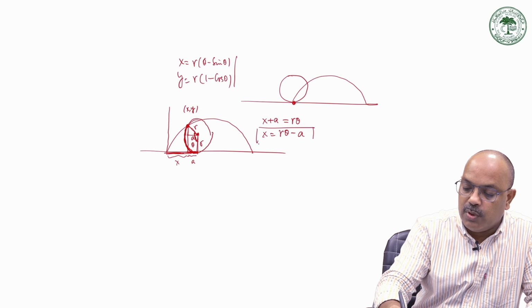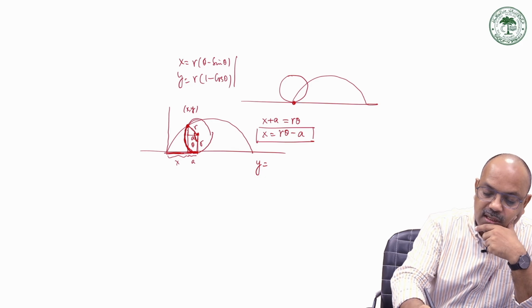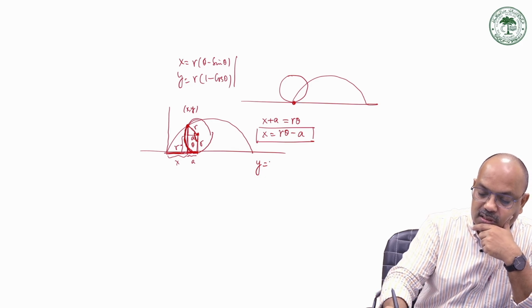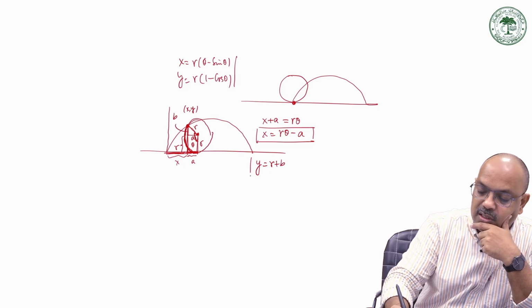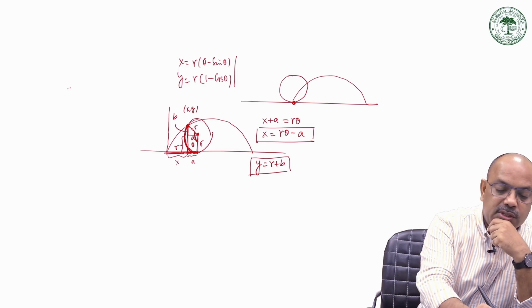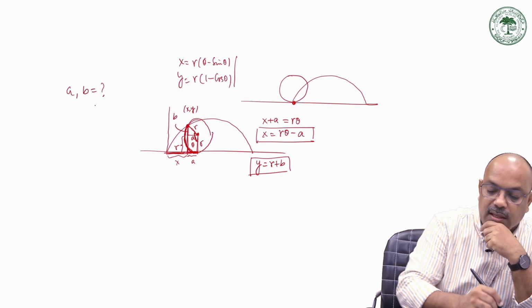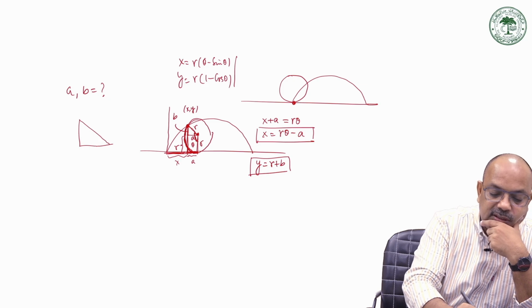This is my one equation, and then for the y coordinate I can write y is this thing. One part of this is your r, and say this is my b, so y is equal to r plus b. And what is this a and b? You can find a and b from here, this is a and this is b.